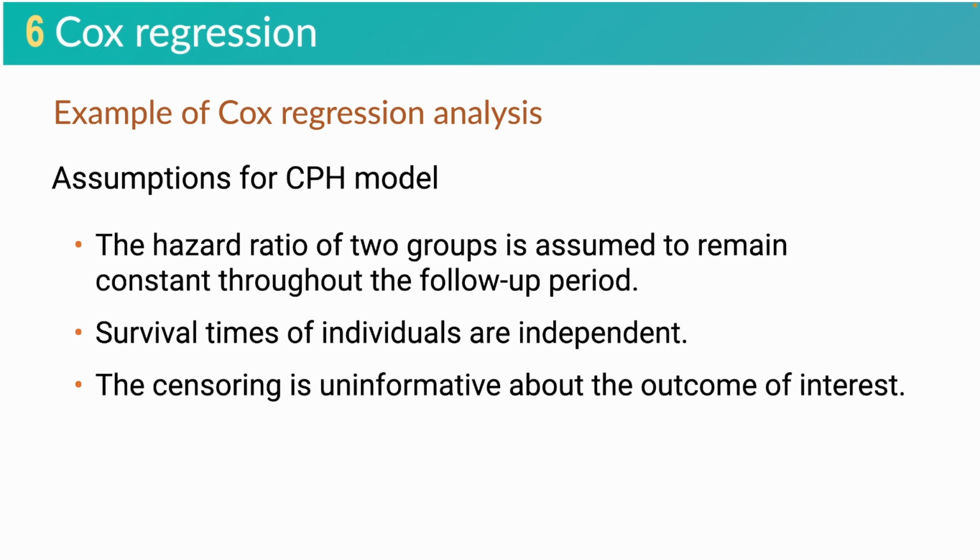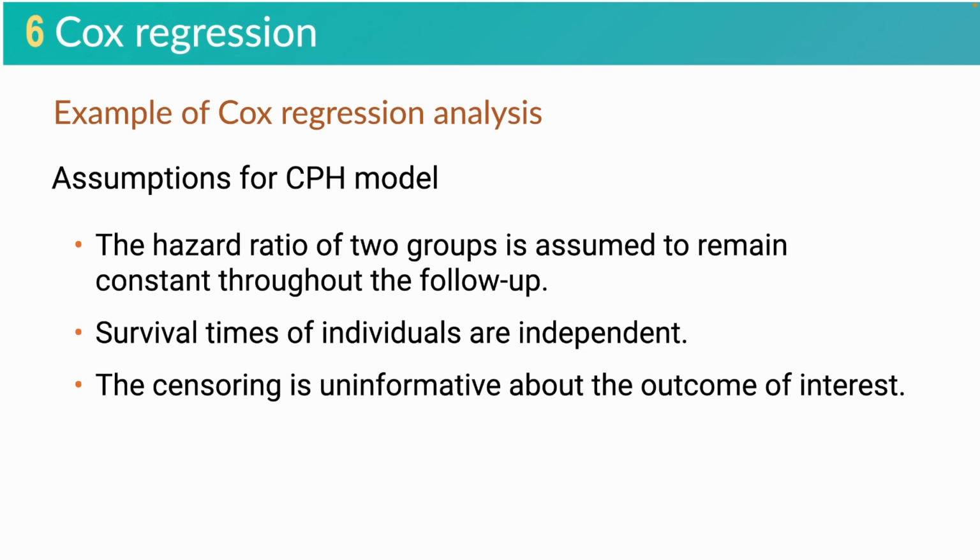The Cox regression is performed with several assumptions. The first assumption assumes that the hazard ratio of two groups remain constant throughout the following period. The second assumption assumes the survival times of individuals are independent. This means that the survival time of one patient does not depend on the survival time of another.